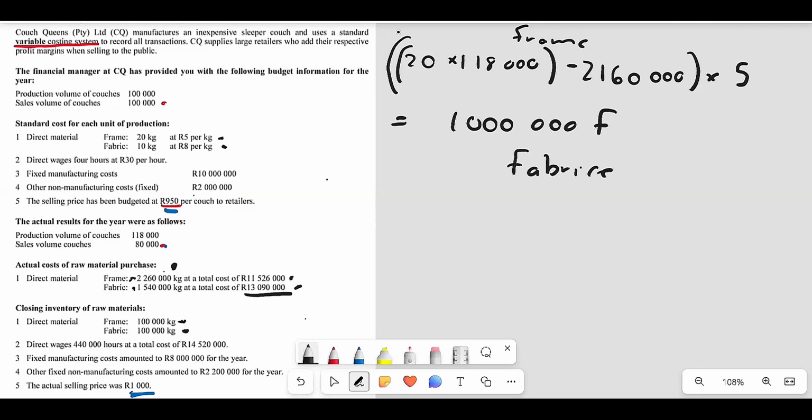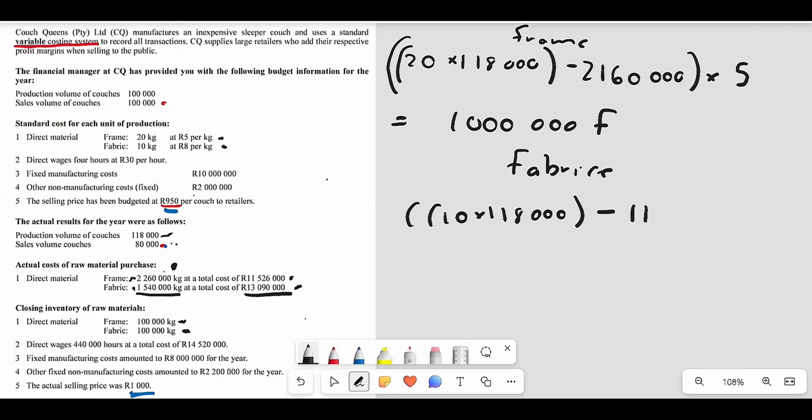Now let's do the fabric part. We do the same. We take the 10 kgs, we multiply it by the actual production, which is 118,000, and then we minus the actual usage. The actual usage excludes our closing stock.